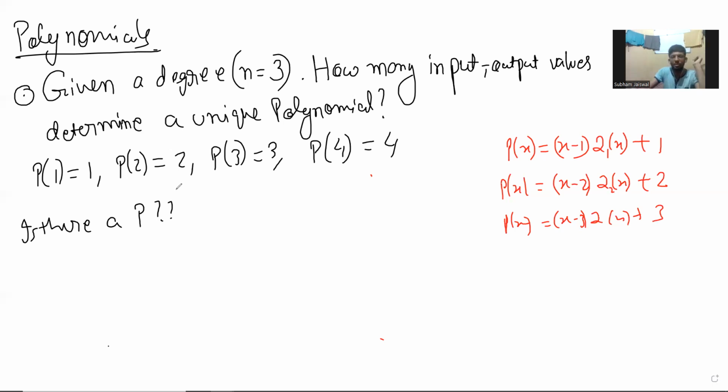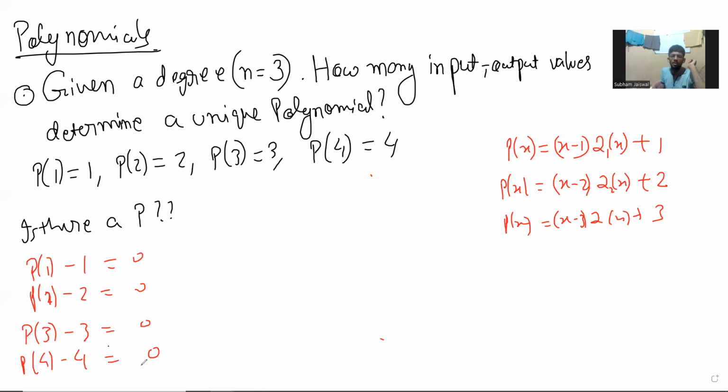Look, p(1) minus 1 is 0. p(2) minus 2 is 0. p(3) minus 3 is 0. What is this telling you?